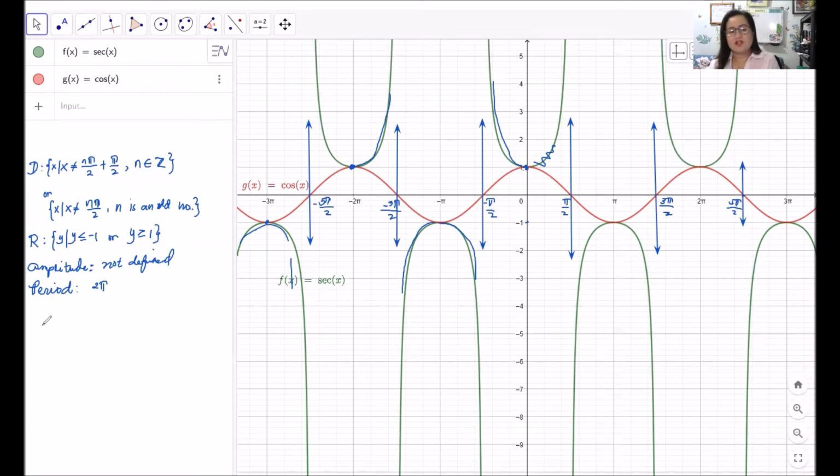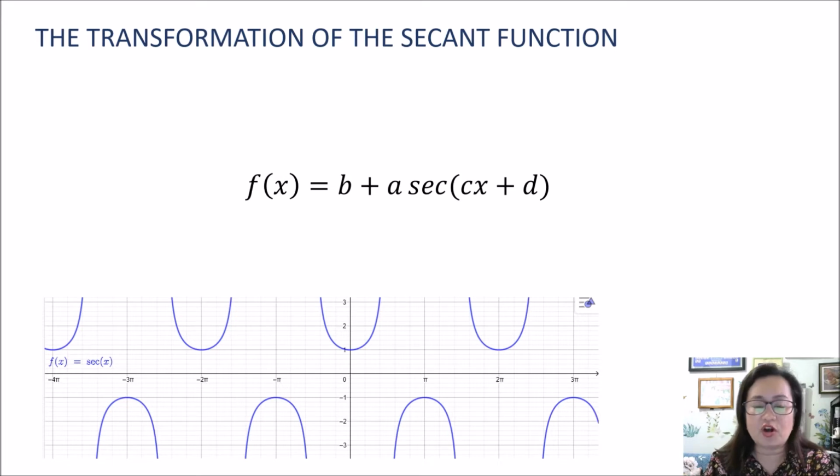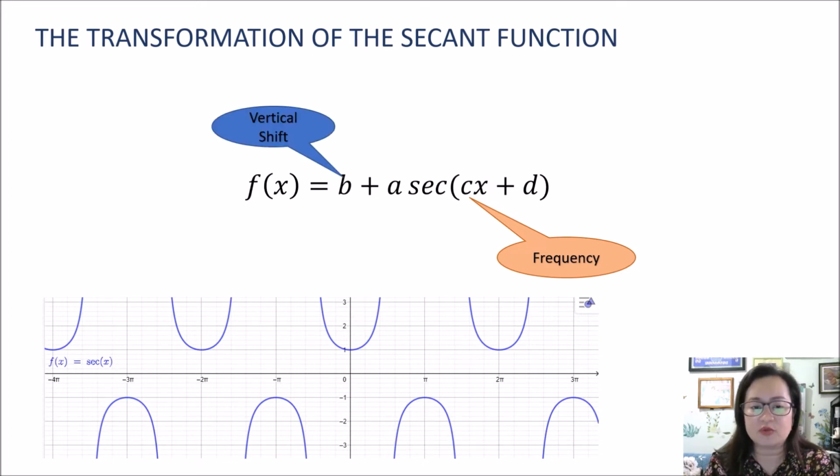Okay, so these are the different characteristics of the secant function. The equation of the secant function is given by f of x equals b plus a times secant of cx plus d, where c gives us the number of complete cycles on the interval 0 to 2 pi, while b gives us an idea of the vertical movement, whether it's shifted upward or downward, and d tells us whether the graph is shifted to the right or to the left.